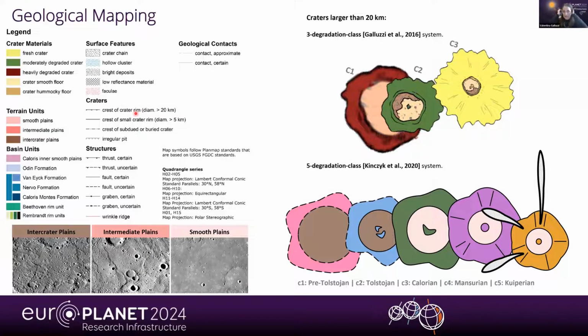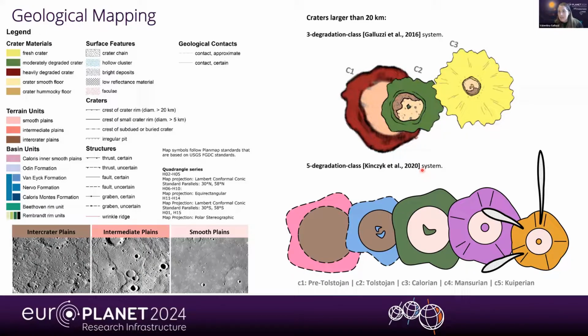We mainly follow a morphostratigraphic method because the highest resolution is offered by the monochrome base maps. So we detect the units by checking the morphology of the terrains and also classify craters based on their morphology.